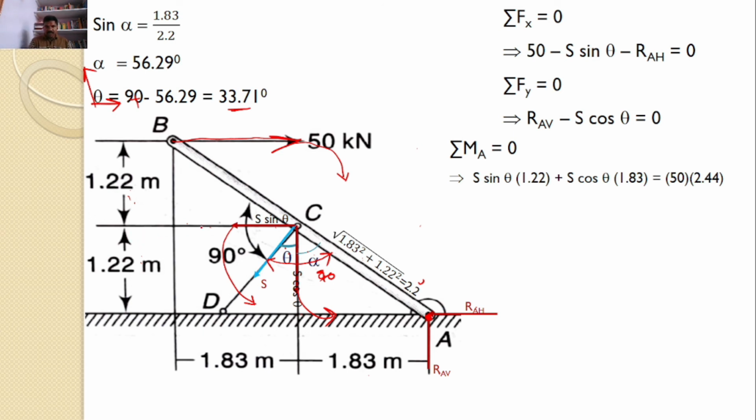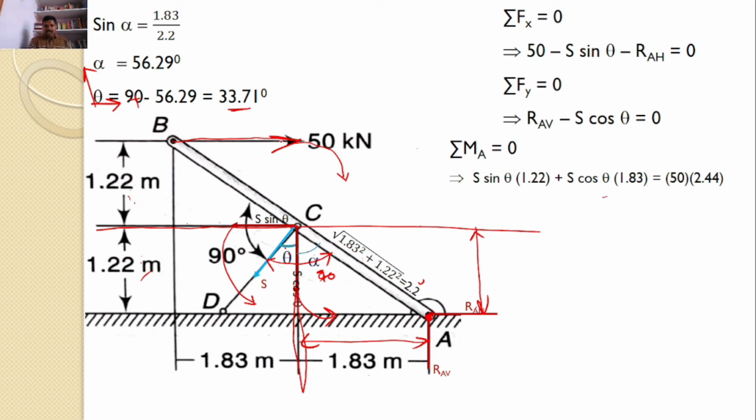Now I can take the moments about point A. S sine theta, this is the line of action, and this height is given as 1.22. So S sine theta into 1.22 plus S cos theta, this is the line of action, S cos theta into the perpendicular distance 1.83, and that is also in the counterclockwise direction.